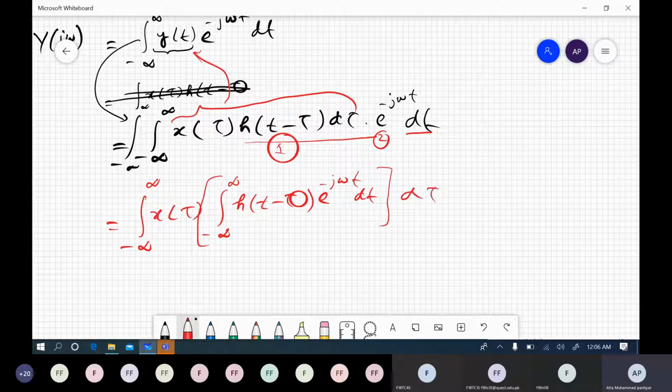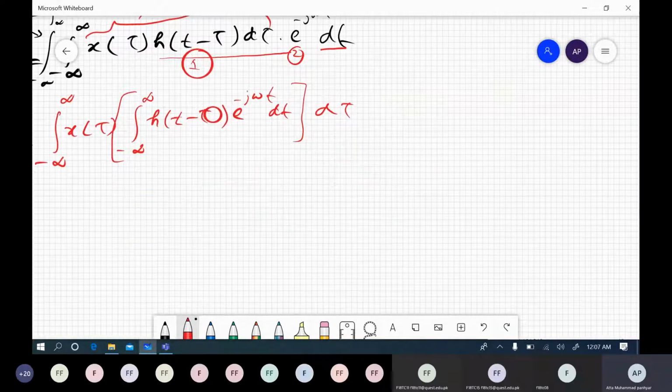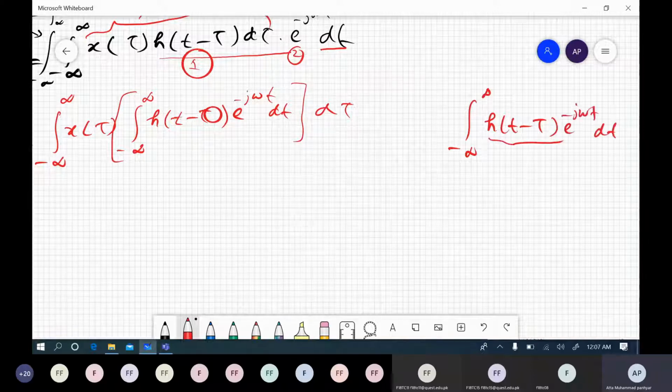We have the integral from minus infinity to infinity of h of t minus tau e to the power minus j omega t dt, times d tau. Now you can see this is a shifted signal.